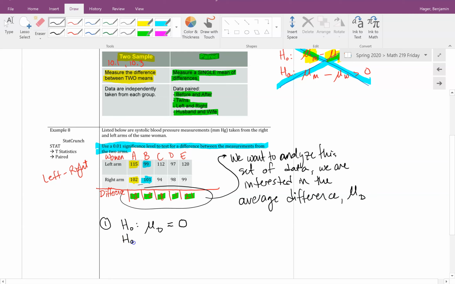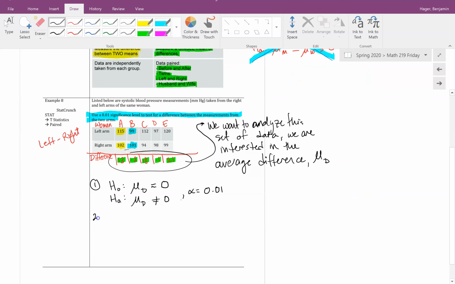And the alternative would be that there is some sort of difference. They don't give us any indication of which one would be larger or not. So our alternative would just be that the average difference between these blood pressures is not 0, that it's something other than 0. There is a difference between them. And they told me to use alpha to be 0.01.